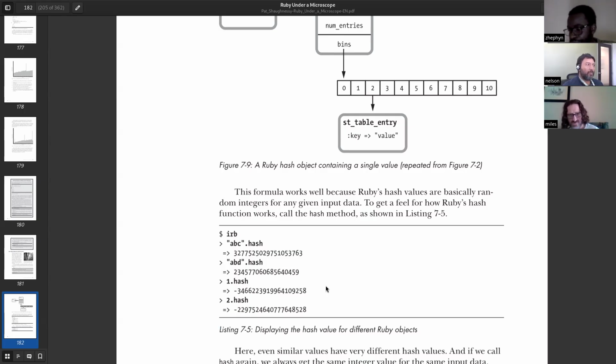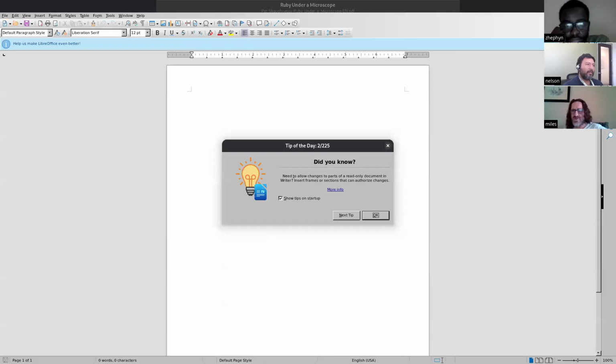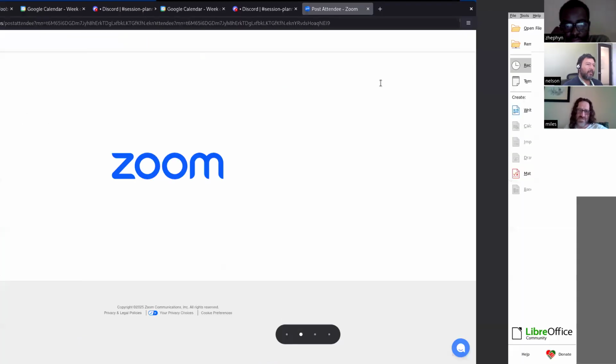Yeah, so the two strings ABC are in two different areas of memory. Well, one is ABD and one is ABC. Okay. Let's see.